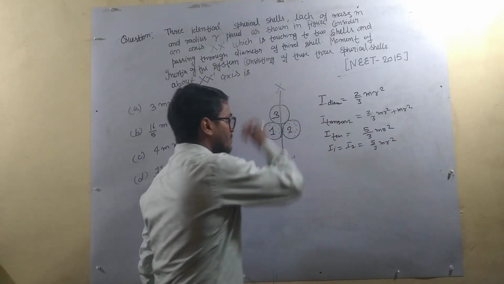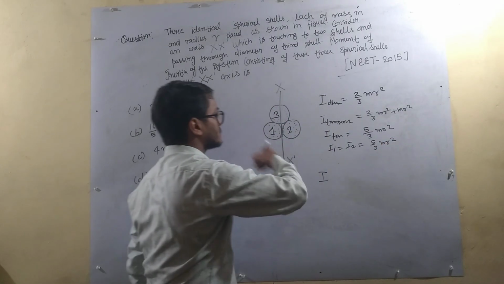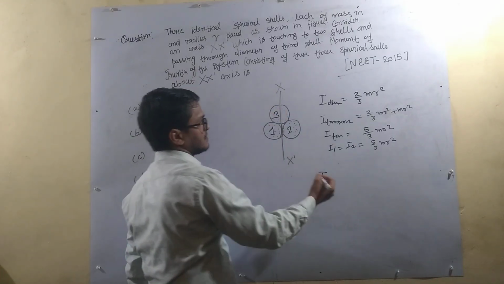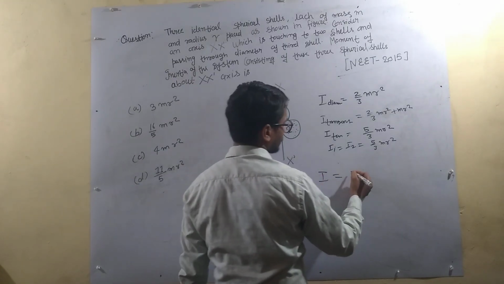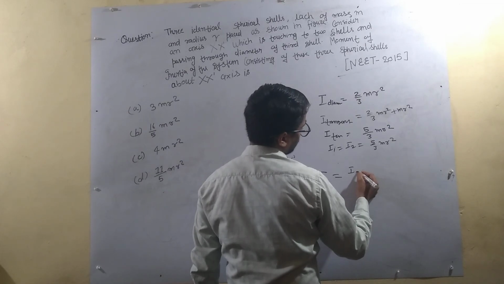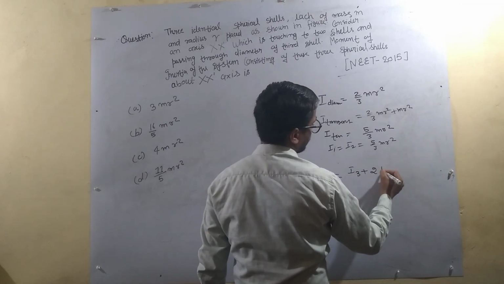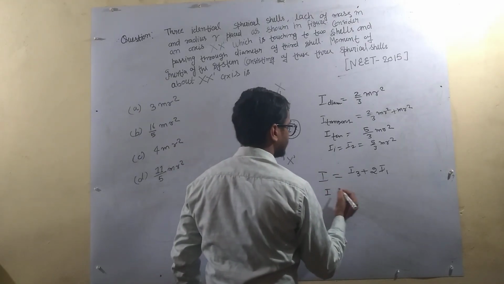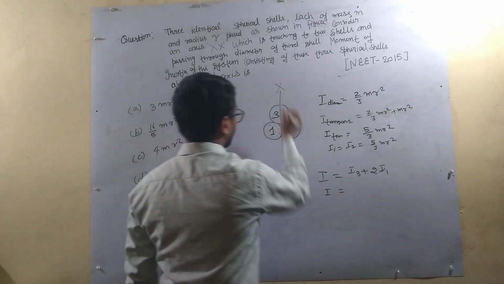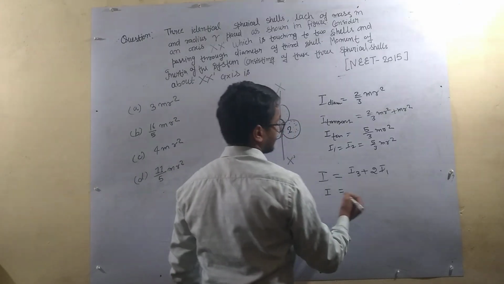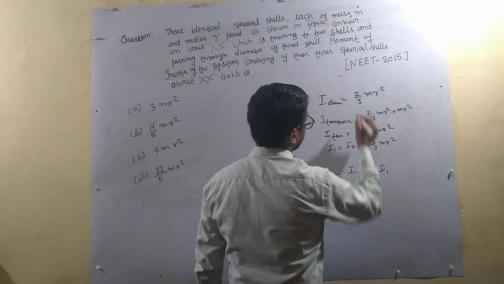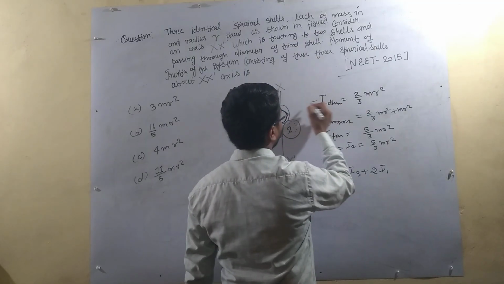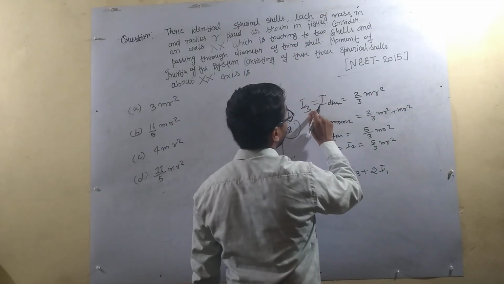So the moment of inertia of the total system will be I3 plus 2 into I1, because I1 is equal to I2. So I about the x dash axis is equal to, this is I3, the moment of inertia of the third cell.